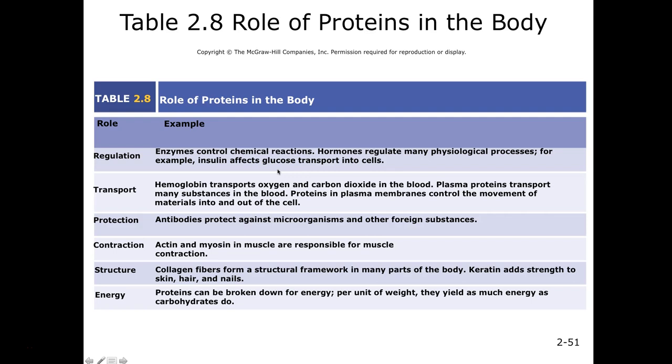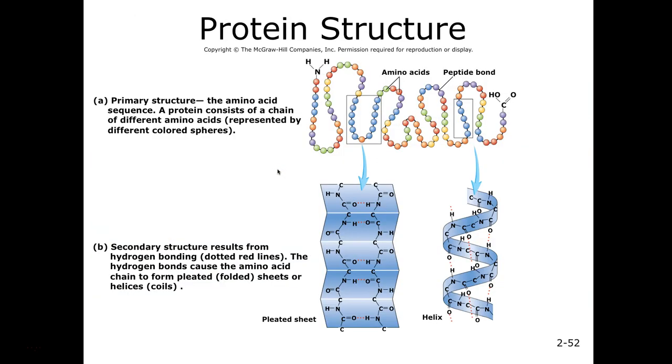And so here are the roles of proteins in our body. They do a lot for us. We'll be discussing a lot of these functions in chapter 3 as well. So let's review the protein structure and how a protein comes to be. In class, we added all of those amino acids and created a long string chain of amino acids. So we're going to call this a polypeptide now.